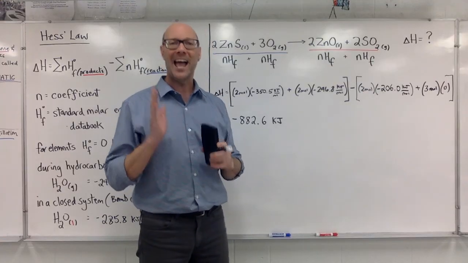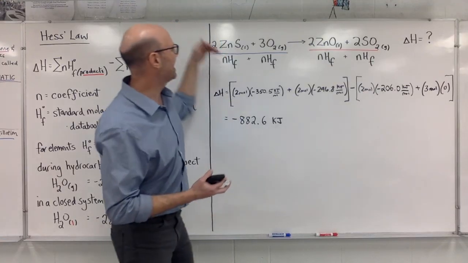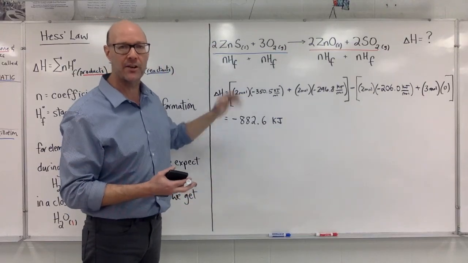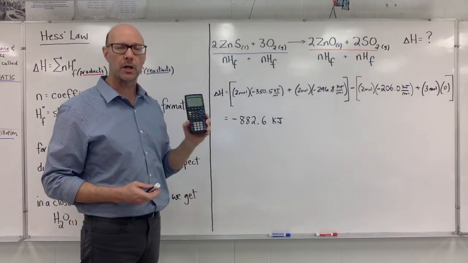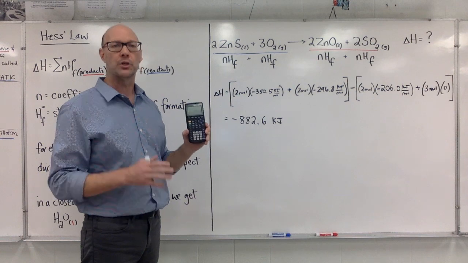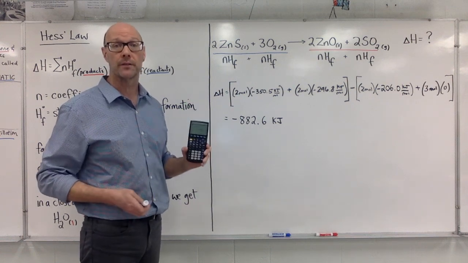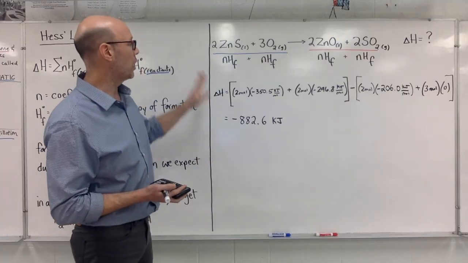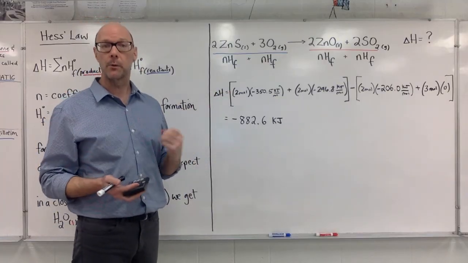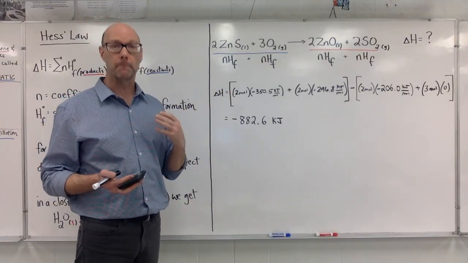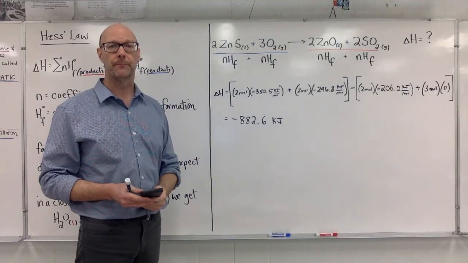So when we do Hess's law using counted coefficients or standardized values, whatever number comes up on our calculator, we don't have to round it or do anything. Significant digits are not part of this.